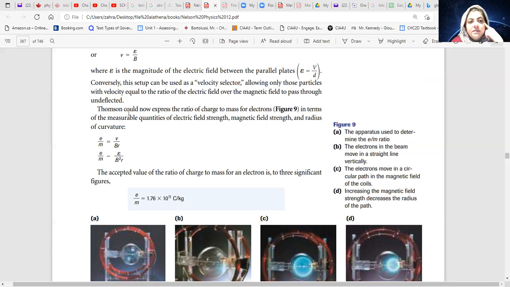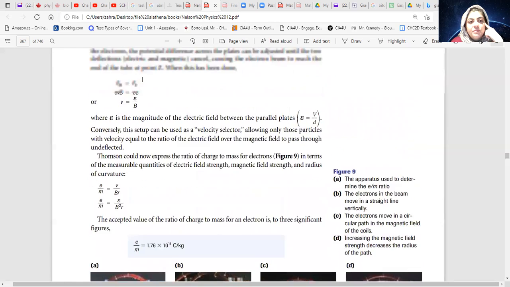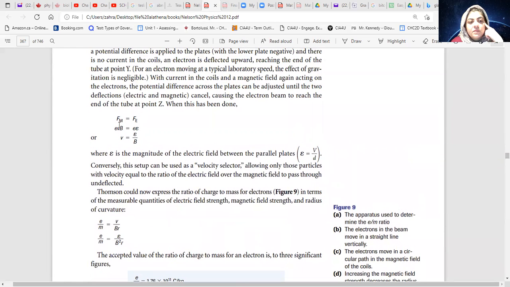Instead of the velocity, I can put E divided by B. Using that, you just change the voltage in such a way that there is no deflection. It means the electric force and the magnetic force should cancel each other, right? That's why there is no deflection.